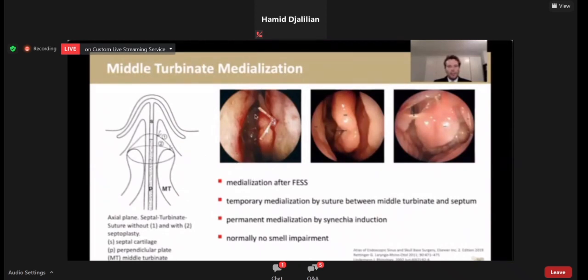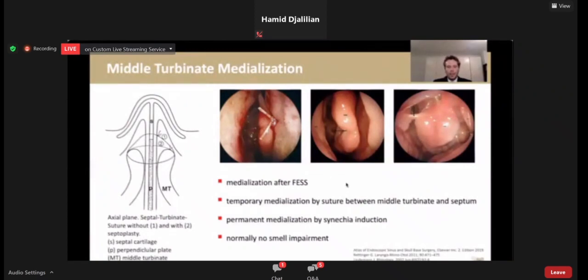And you can see you have now a nice view for the next few weeks to the ethmoid. And this suture is normally resorbable. And you see over here, after 2 years, there is a very nice standing of the middle turbinate.